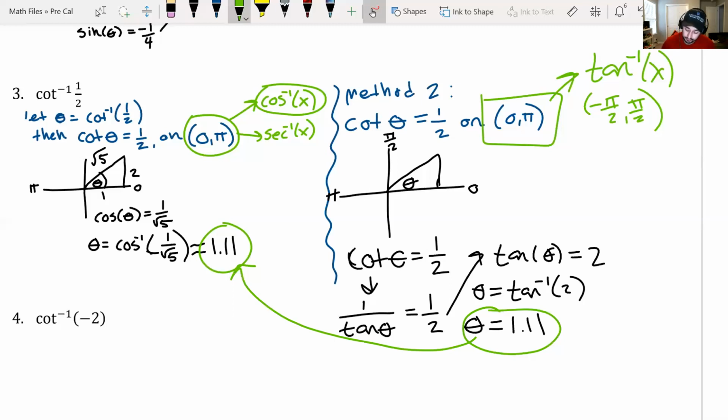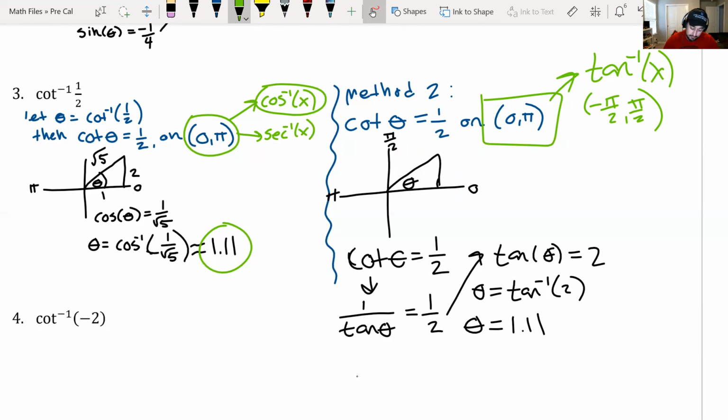So we have created a formula to go from inverse cotangent to inverse tangent. But the only way this formula can work is if the numerical value of our trig functions shares the same quadrant. They have to share the same quadrant, and that's how it's going to work.